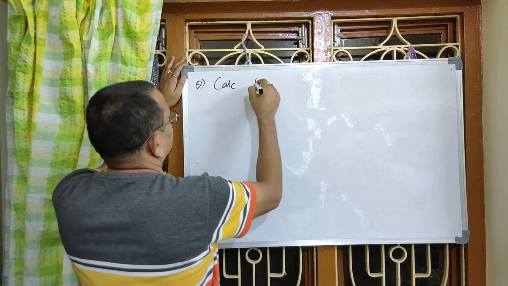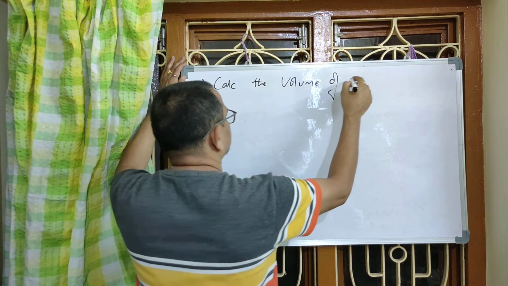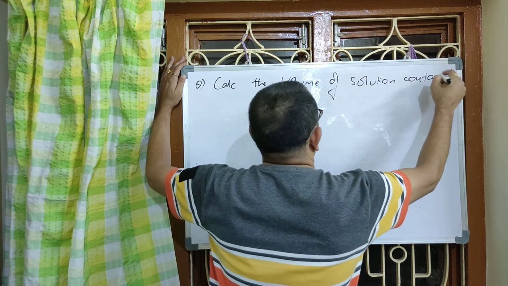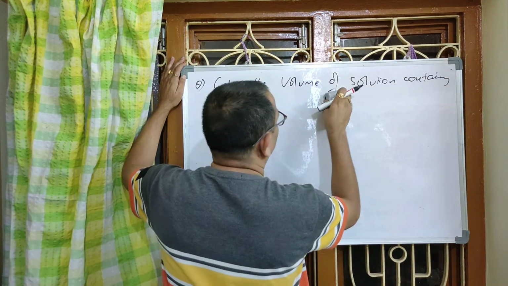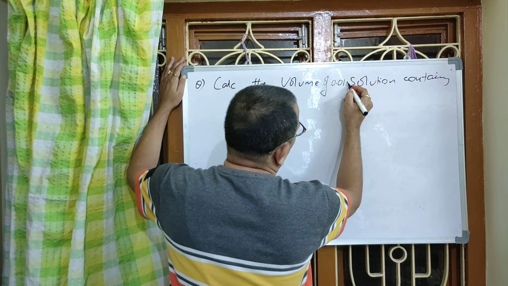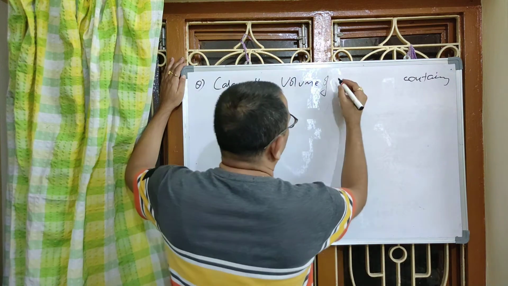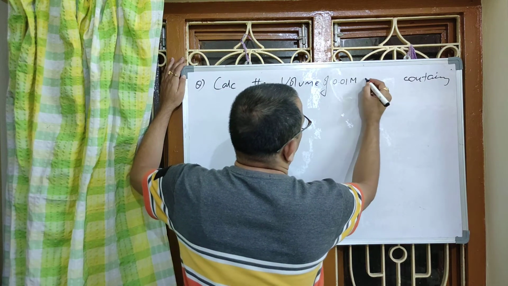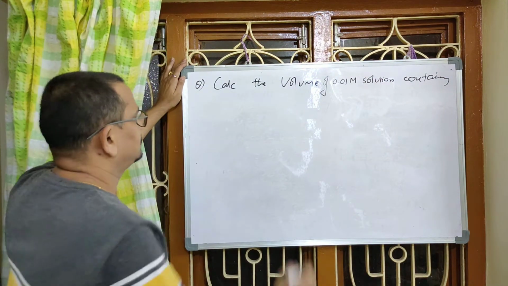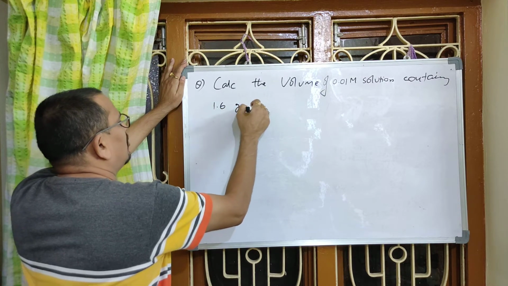Calculate the volume of 0.01 molar solution containing 1.6 grams of NaOH.